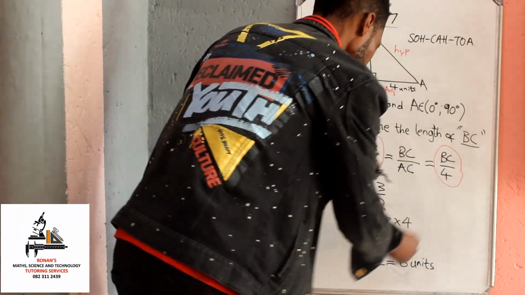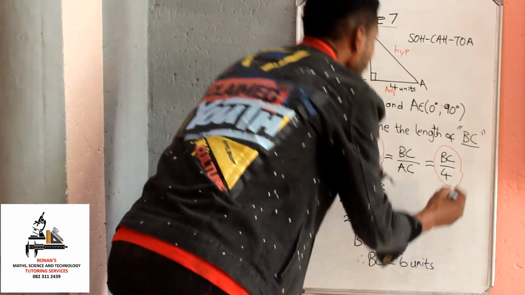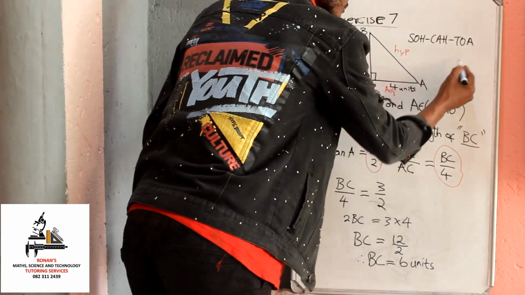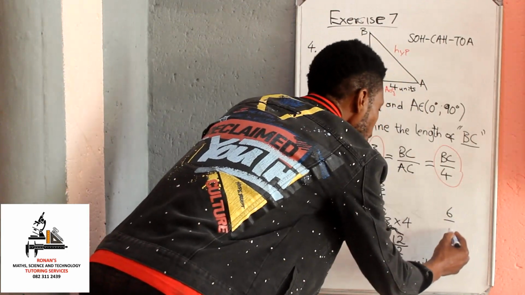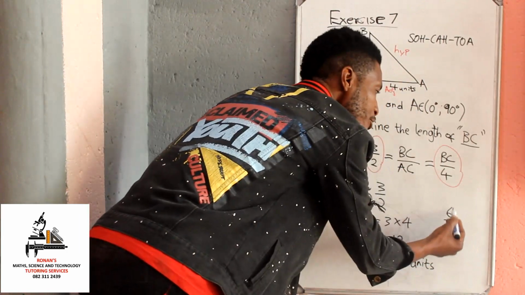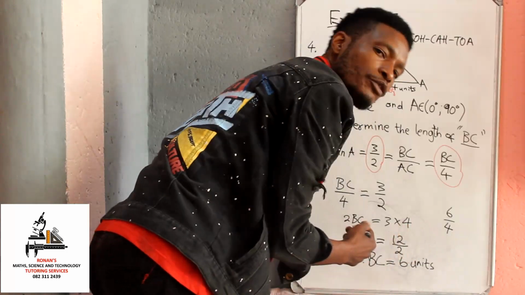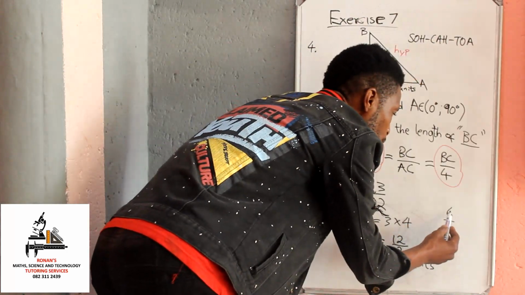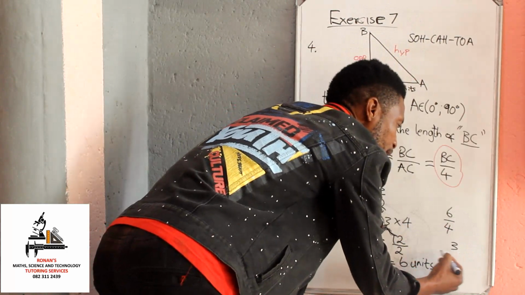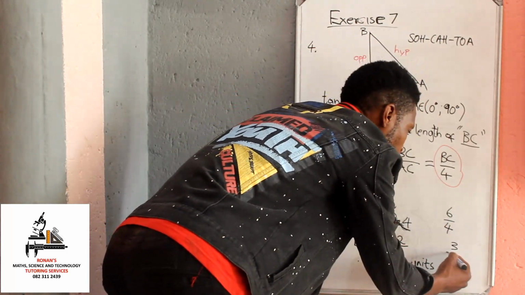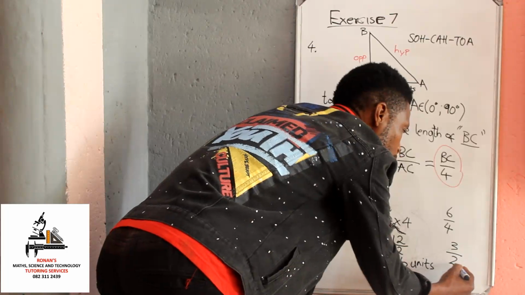Let's say it's 6 units. So in essence, 6/4, there's a relationship in this ratio of 2. So 6 is basically 3 2's and 4 is 2 2's.